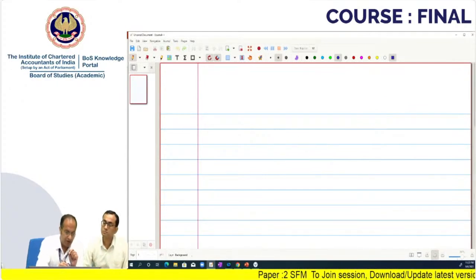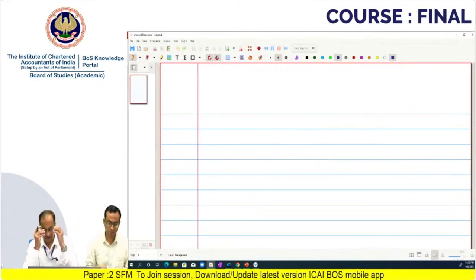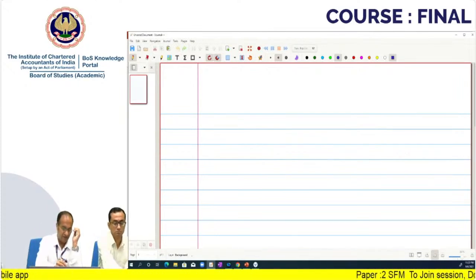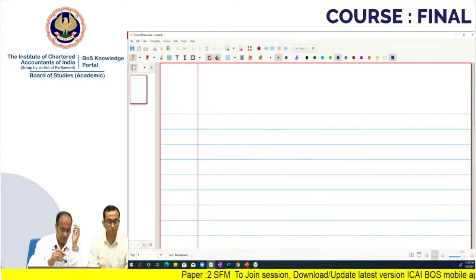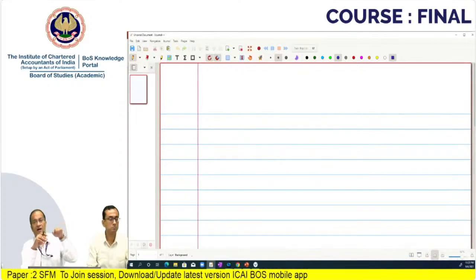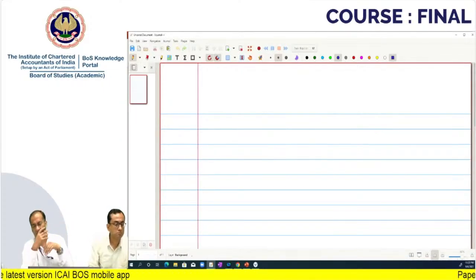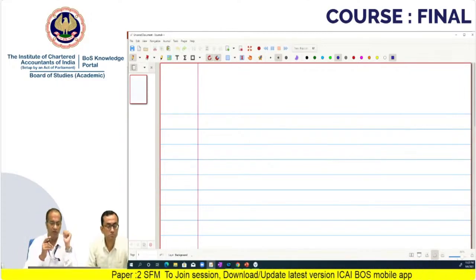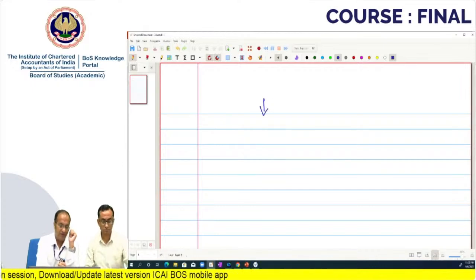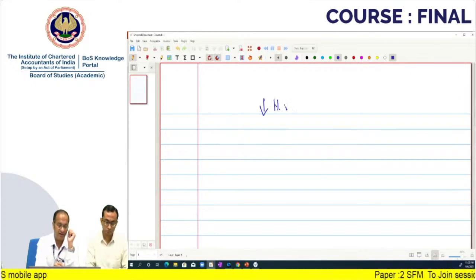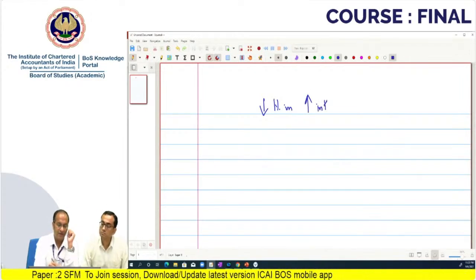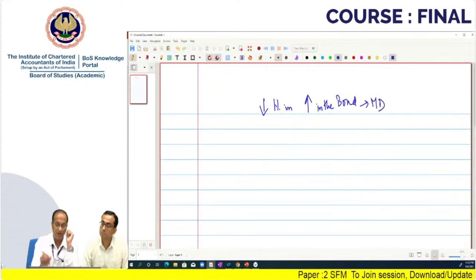Student, when we are using bond valuation, normally we draw the curve, because when we talk about duration, and from duration we compute the volatility, modified duration lets us know that if there is a fall of, say, 1% in interest rate, then how much will be the increase in the bond value, and this depends on the modified duration.